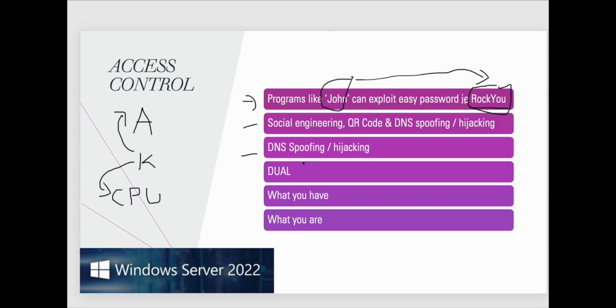And of course one of the remedies is to make sure that your account uses Dual to help protect it. Dual helps you define identity, to make sure that your identity is basically yours by two things: what you have and what you are.